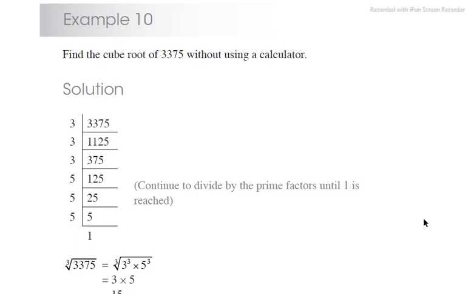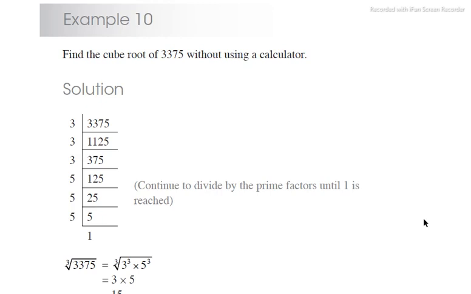In example 10, we are told to find the cube root of 3,375 without using a calculator. So what we do, we factorize this and express it as product of its prime factors, which gives us 3 power 3 times 5 power 3.